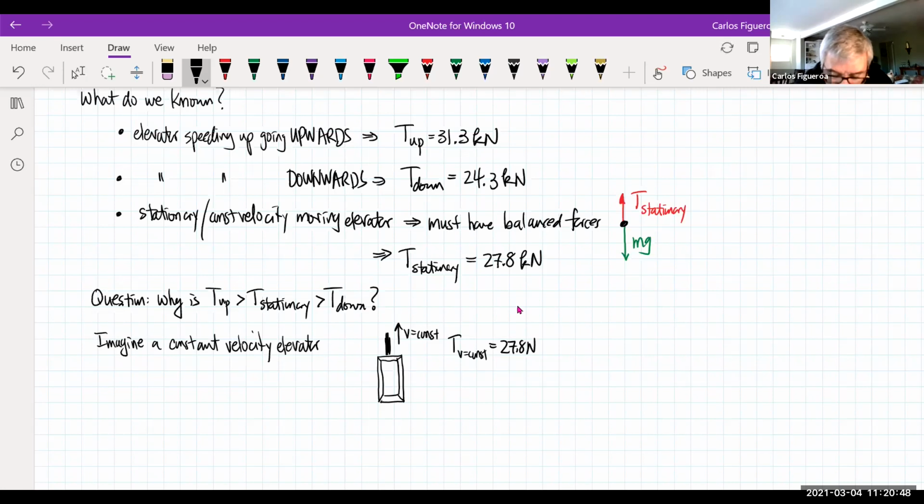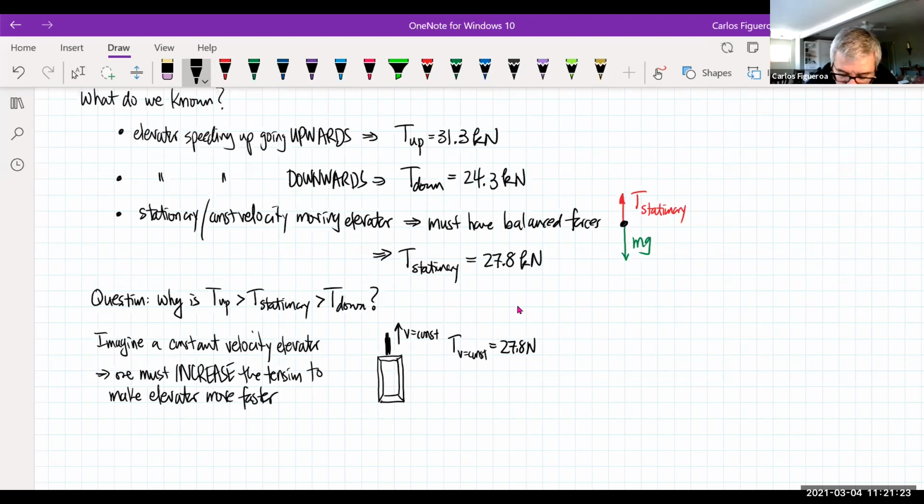But note, if this is moving at constant velocity and now I try to accelerate it, I have to increase the tension, right? So this implies that one must increase the tension to make the elevator move faster.